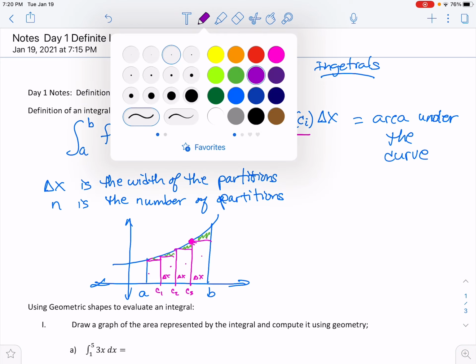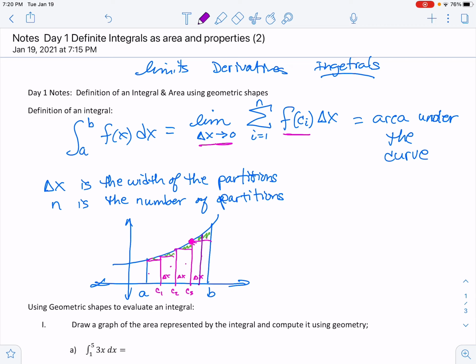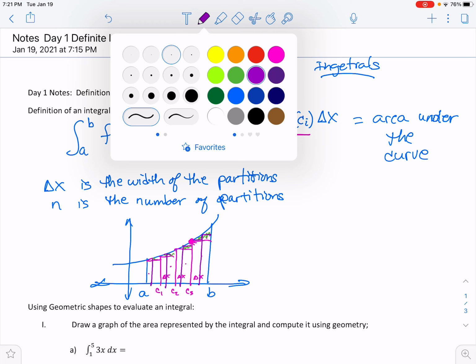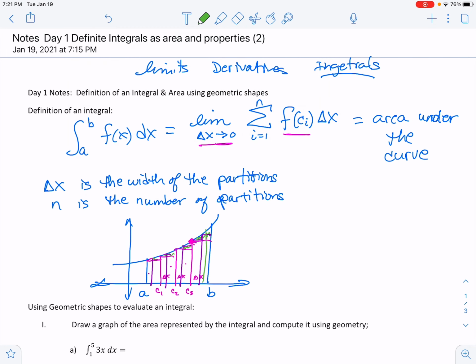So what I'm going to do is draw extra partitions. Okay, so now my partitions got skinnier, and the amount of stuff that I'm missing is getting smaller. And if I go and divide them again, okay, they're really getting skinny. The amount being left out is less, and that's why we're taking the limit. So delta x is going to go to 0. It reminds us of when we were doing the tangent line and figuring out slope.